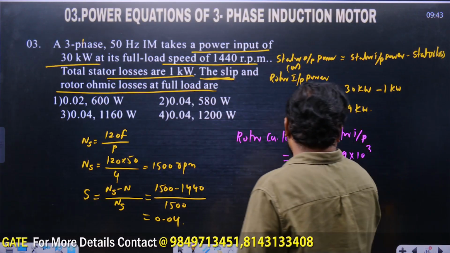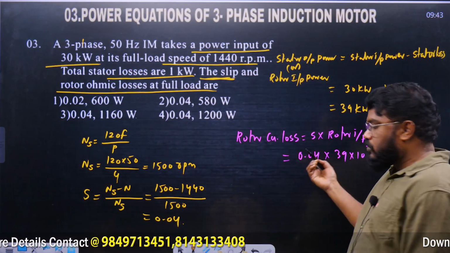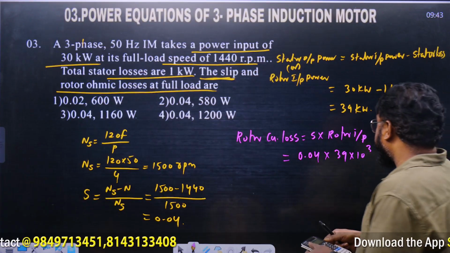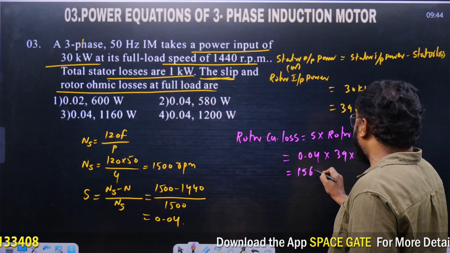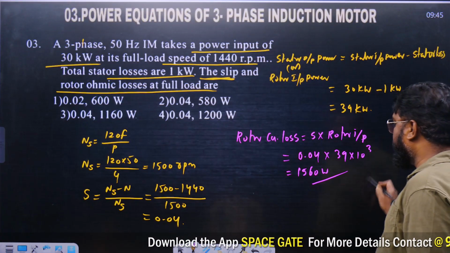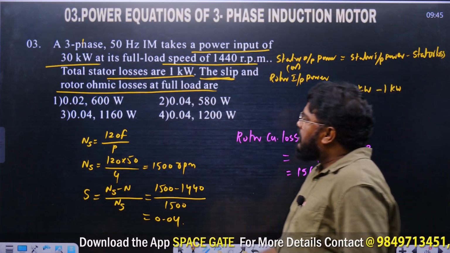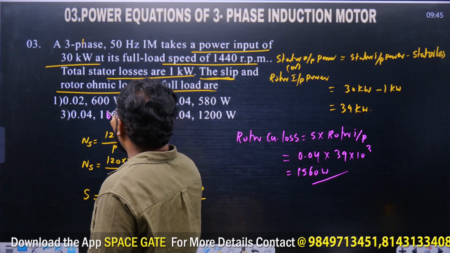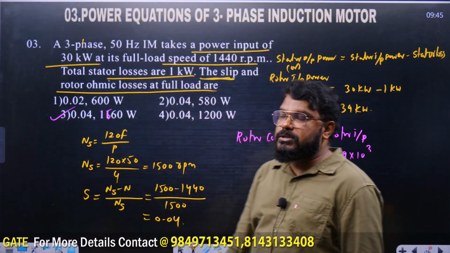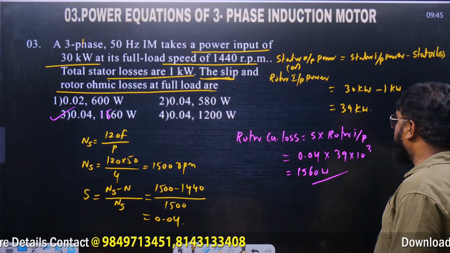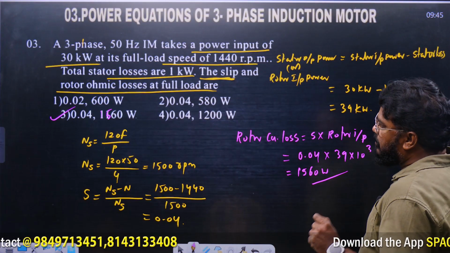Simplifying, we get the value equal to 1160 watts. So option 3 is correct: 0.04 and 1160 watts.